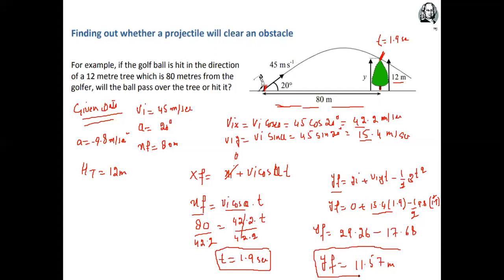So what do you think? Will this pass over the tree or hit the tree? The height of the tree is 12 meter. The height of the ball at this position is 11.5. So it hits the tree. Yeah, it will hit the tree. It will not pass over the tree.